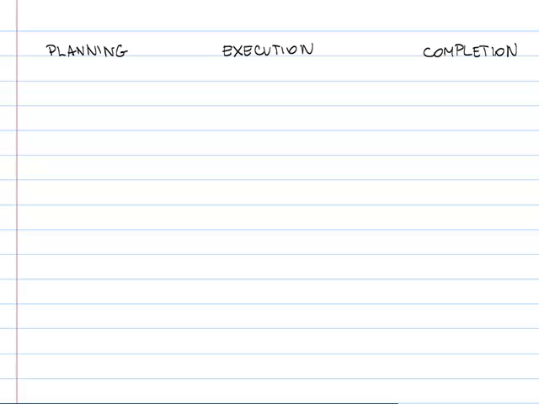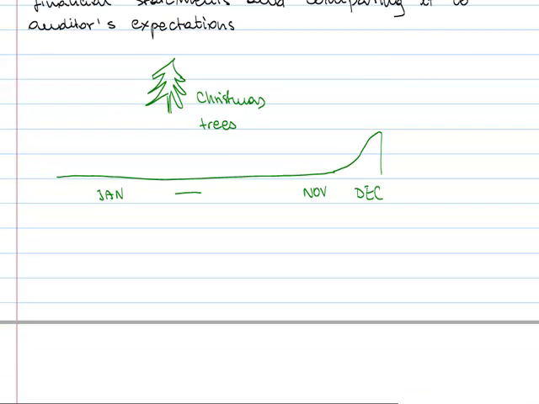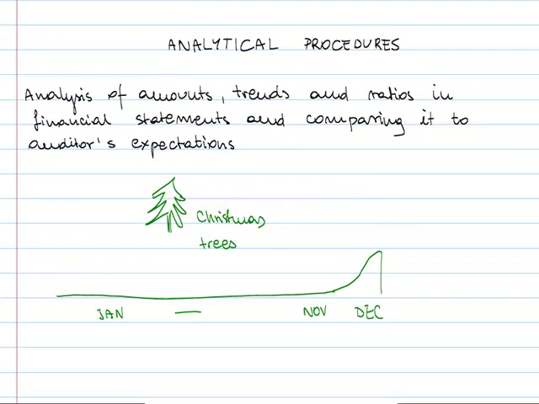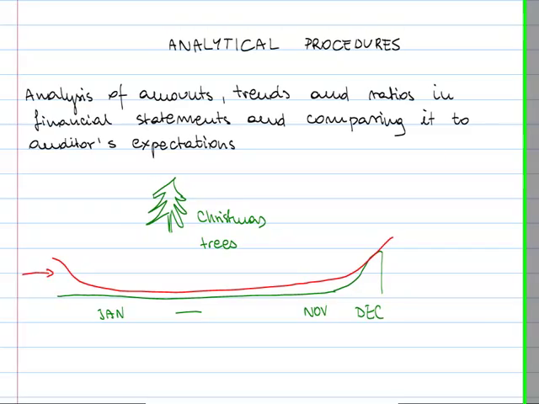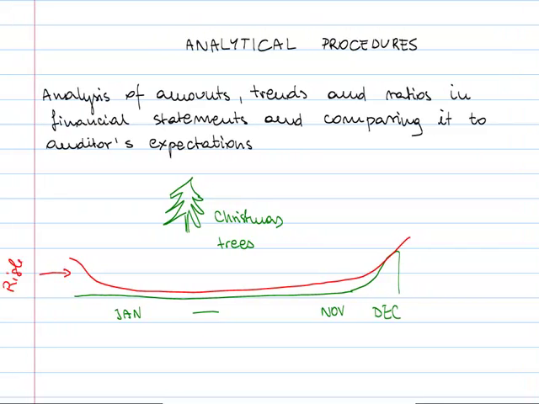Analytical procedures are useful for planning because they are a useful tool for risk assessment. Going back to our Christmas tree example, an actual pattern like this indicates a risk of cutoff problem, revenue not being assigned to the proper period.